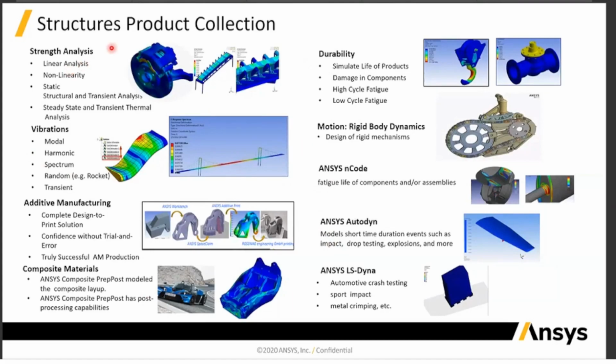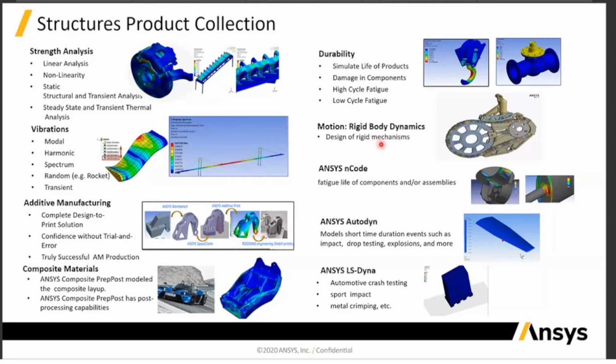You can do strength analysis, which includes linear, nonlinear, static structural, transient analysis, and steady state and transient thermal analysis. Then in vibrations, you can do modal, harmonic, spectrum, random, and transient analysis. Then durability: you can find out the life of your component, like high cycle fatigue, low cycle fatigue, vibration fatigue. You can also work on crack propagation and crack growth analysis.